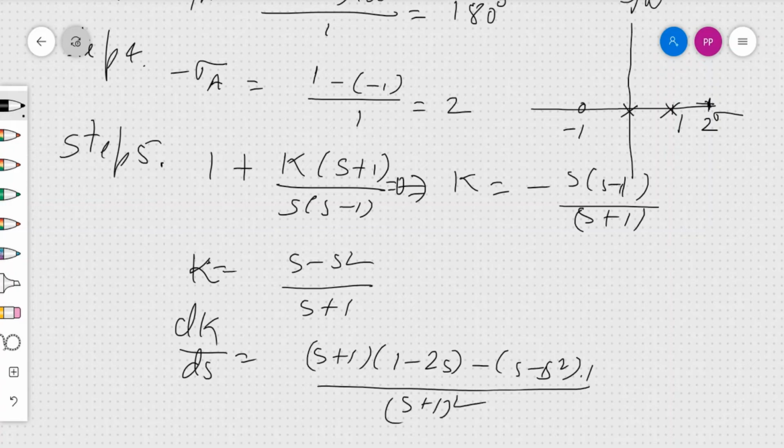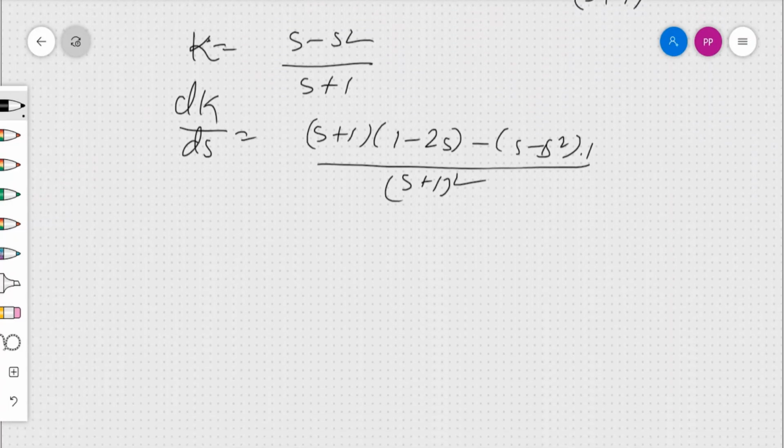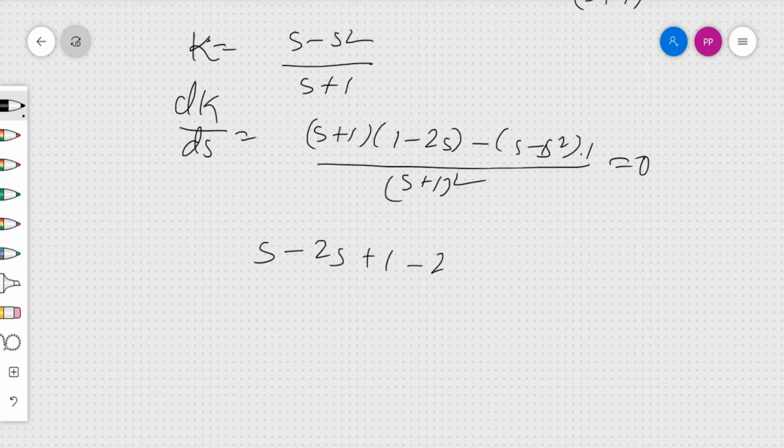So from here, if this is equal to 0, then only the numerator is important for us. So (s plus 1) into (1 minus 2s) gives s minus 2s square plus 1 minus 2s, minus s plus s square equal to 0.